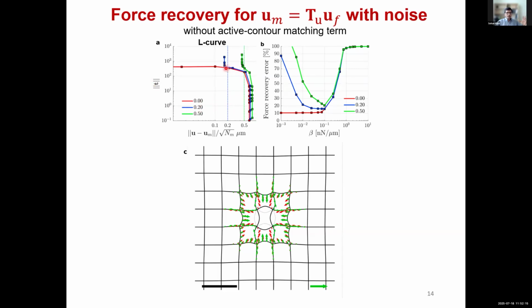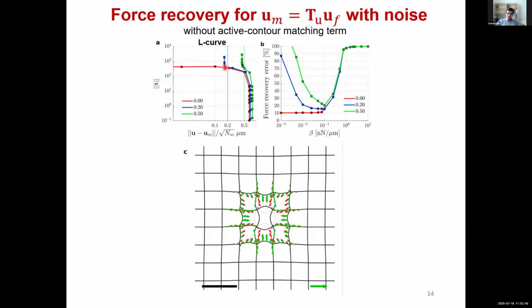After some point, the forces that are inferred will try to match the noise in the data, and that's what leads to this sudden jump in the forces. So the idea is that we want to be close to this corner of this L shape, which allows us to match the measurements as best as we can while keeping the forces to reasonable magnitudes, right?